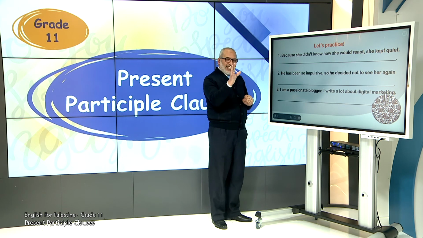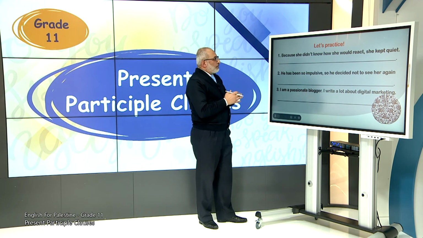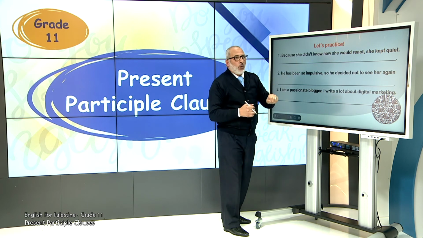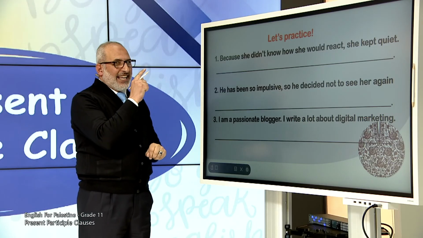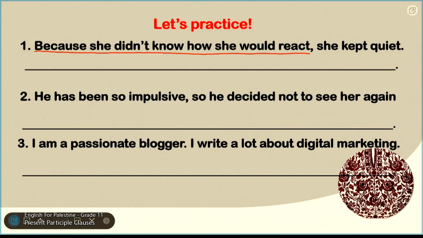Practice. I'll give you the chance to practice together. Look at number 1. Because she didn't know how she would react, she kept quiet. Look again here. This is the reason. And this is the result. We have to work here. Where is the verb? Because she didn't know.